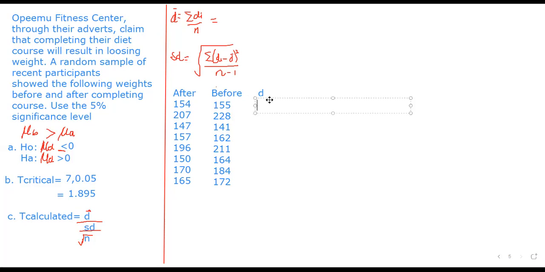Okay, so d, as you have been doing it, you get negative 1, negative 21, negative 21, negative 6, negative 5, negative 15, negative 14, negative 7.